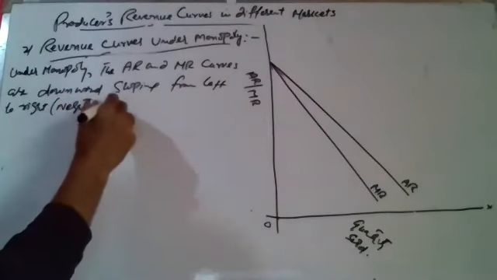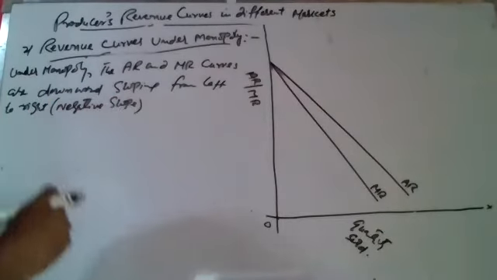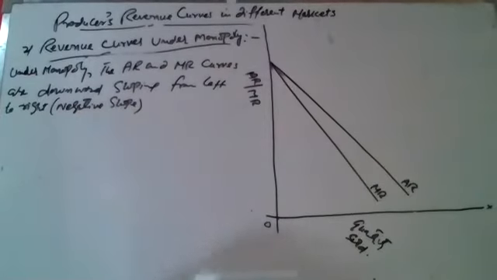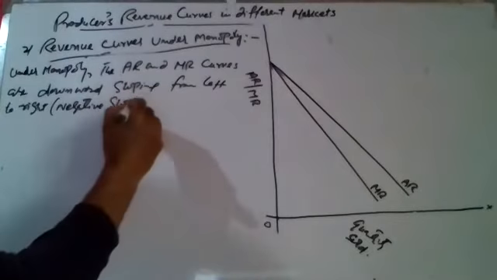That means there is an opposite relationship between price and quantity sold. When price increases, quantity sold decreases.